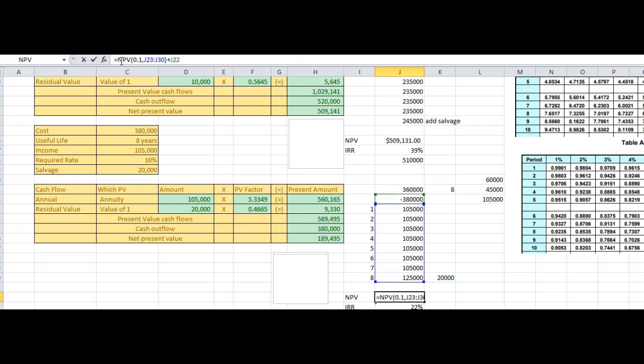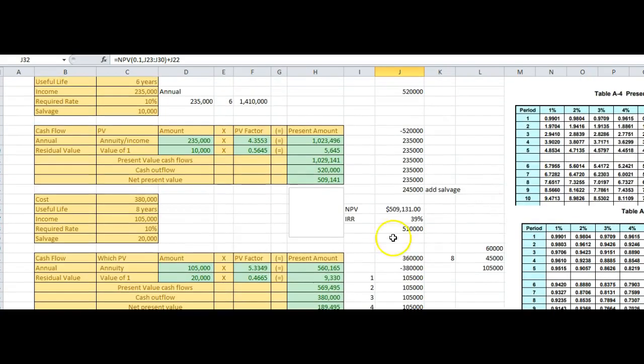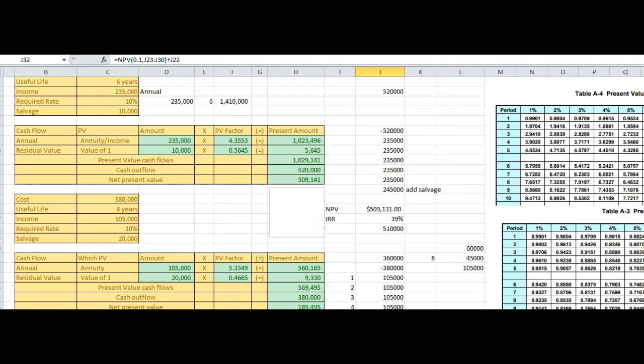That should not be there. I guess it doesn't matter. It just kind of screws with it a little bit. We're very close, you'll see, same thing. So I have my rate, I have my range, and then I add back in that negative 380. So two ways of doing it. If you understand Excel and you're comfortable with Excel, you can set up a table and do it very quickly, or you can do it manually like this.